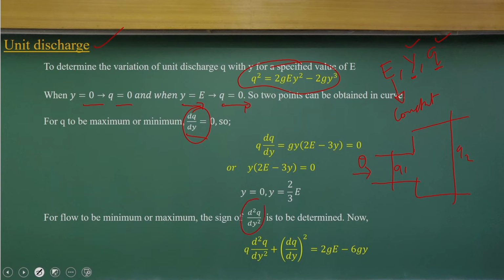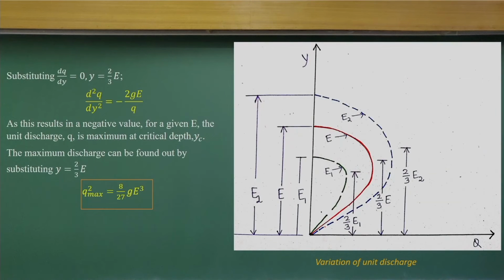If you compute the second derivative, with the same equations just rearranged and resubstituted, to determine whether the flow rate is maximum or minimum, what we interestingly found is that if I draw the Q values and the Y values, we get a typical curve like this for a constant specific energy.